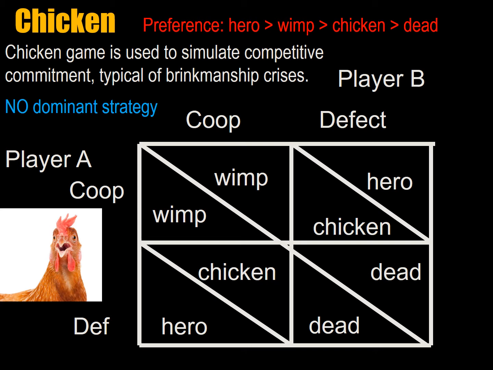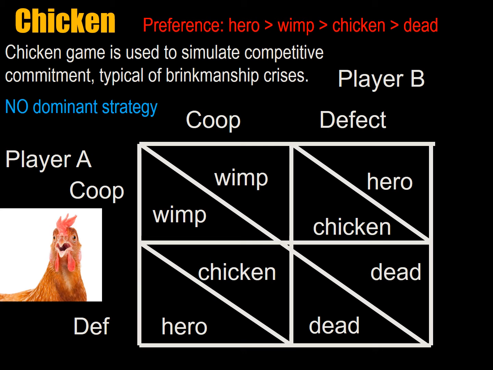But this game is also characterized by a high payoff for exploiting the other actor. So this is very often the model used in brinkmanship, like the Cuban Missile Crisis. There is no dominant strategy in a game with this type of characteristic. So we cannot solve it using a normal, pure, dominant game strategy.